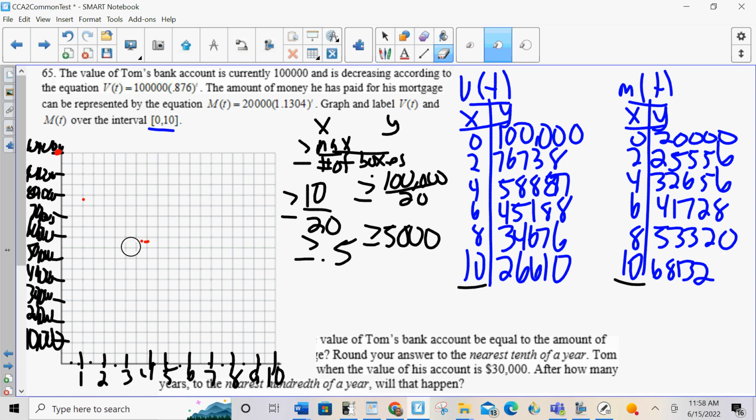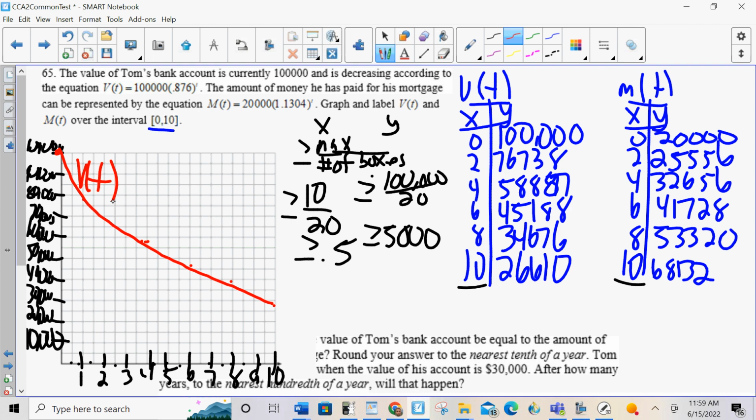It's a little bit easier for what you have, but we'll get by. 6 is 45,000, so a little bit more than the 45. 8 is 34, a little bit less than the 35, and 10 is 26. Boom. No arrows, since it gave me an interval. I'll label that V of t.